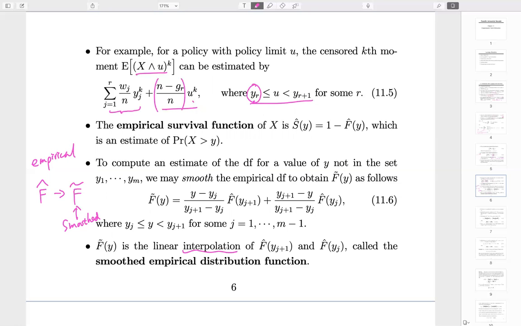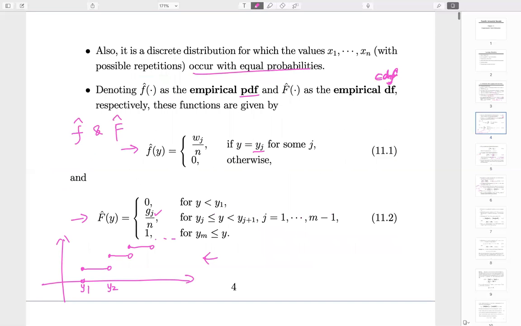It is piecewise smooth. When we try to make it nicer, what we do is very simple. Let me go back to the graph. Instead of jumping directly to the first point, we can do this.